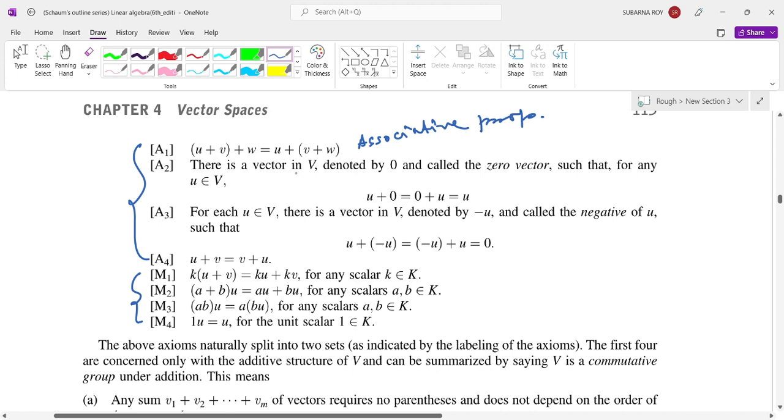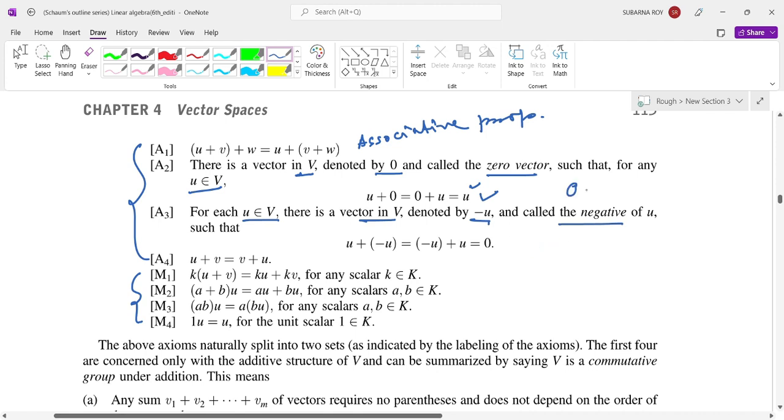And second, there exists a vector in V denoted by 0, which is called the zero vector, such that for any u this property holds, that is u plus 0 equals u. So if you add this 0 to any element of V, we get the same element u. And the third one: for each u belonging to V, there is an element or vector in V denoted by minus u, that is called the negative of u, or the additive inverse.